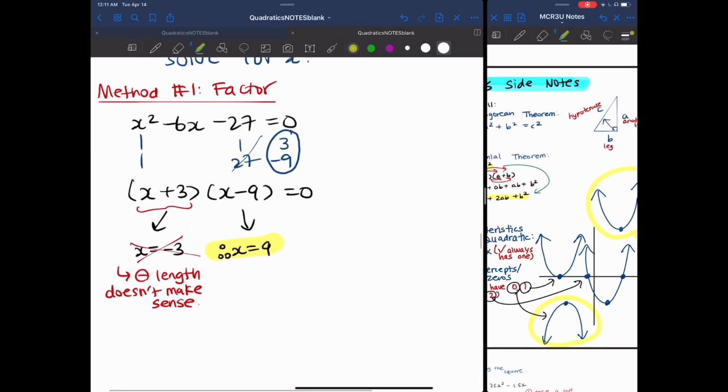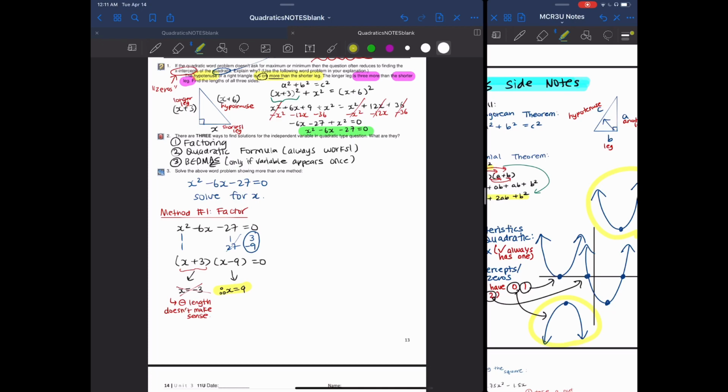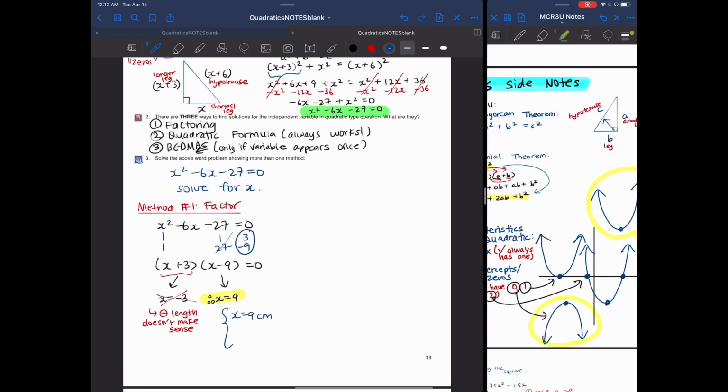I still have to write a summary because I'm not done; I have to find the lengths of all 3 sides. All right, so let me write a summary first. Since x equals 9, that means one of my lengths, the shortest leg, is 9 centimeters. And then my second, the longer leg, is x plus 3, so that is 9 plus 3, which is 12 centimeters.